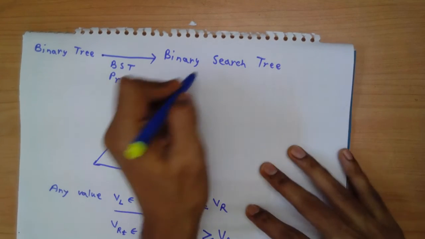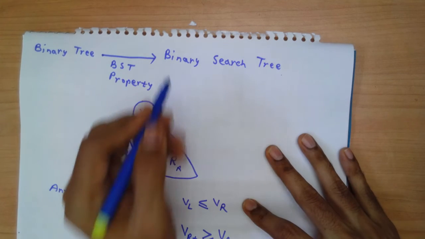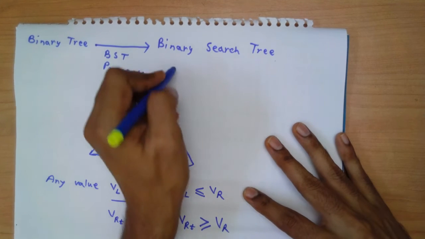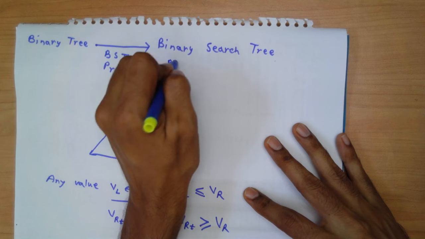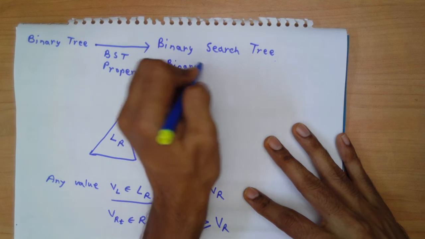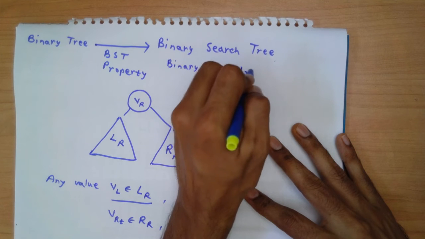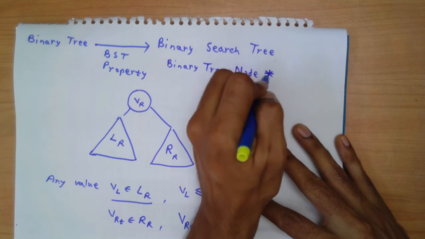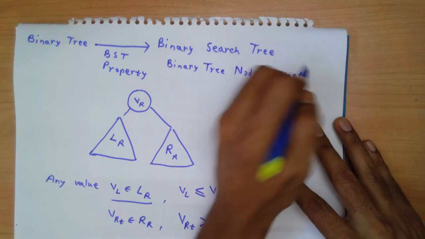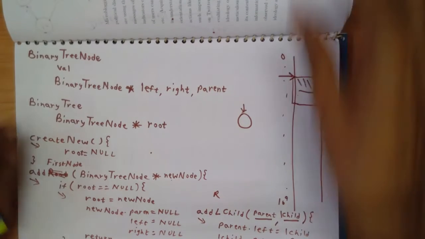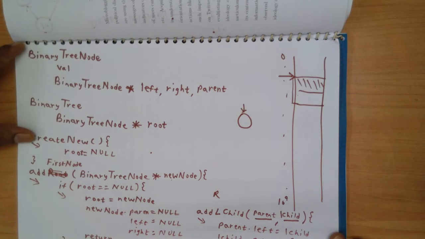So let's have this binary search tree as an abstract data type, and we'll say that we will have a binary tree node pointer that points to the root. As far as the data is concerned, there is no difference compared to the binary tree.